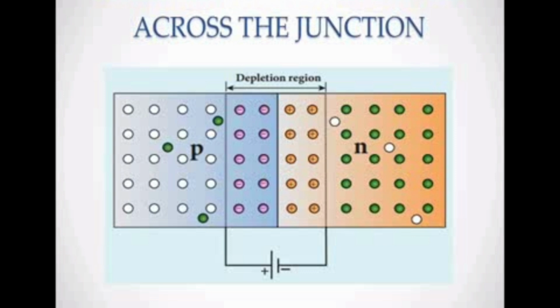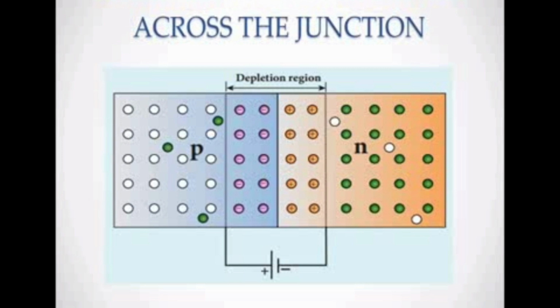Next we are going to see the junction potential or barrier potential. After the electrons and holes interchange, the N side repels the electrons from flowing to the positive side, and the P side repels the holes from passing from the P side to the N side.